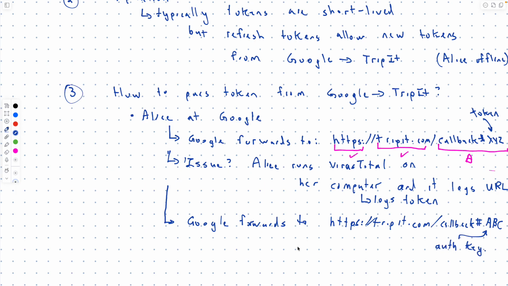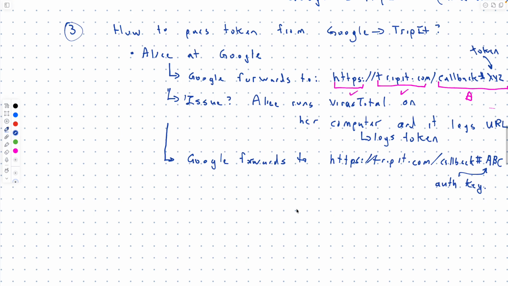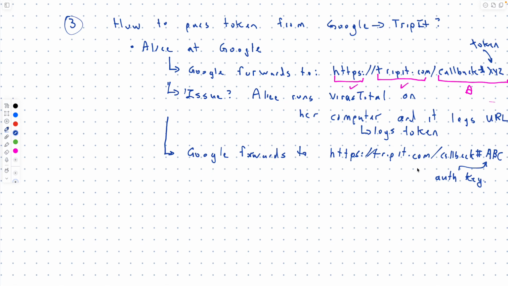But then, if Tripit is able to look at that URL, is it directly available over there, or is it also encrypted? Okay, so let's keep that question for a second. We're going to assume that this URL is also going to get logged, right? So ABC is going to be sitting there. But for now, let me just complete it. So they forward it. So now TripIt knows that it has this callback ABC.